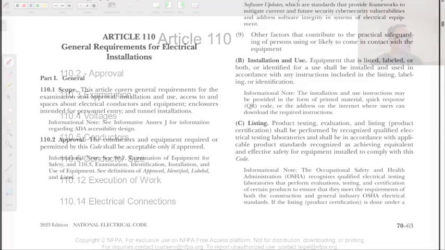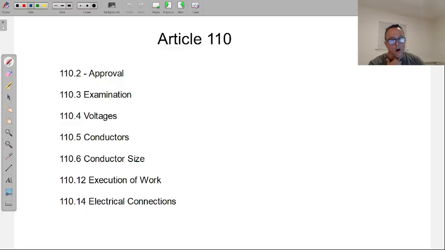All right, so these are the sections that we're going to be looking at out of this particular article. 110.2 approval. All right, 110.3 examinations. 110.4 voltages, 110.5 conductors, 110.6 conductor sizing.